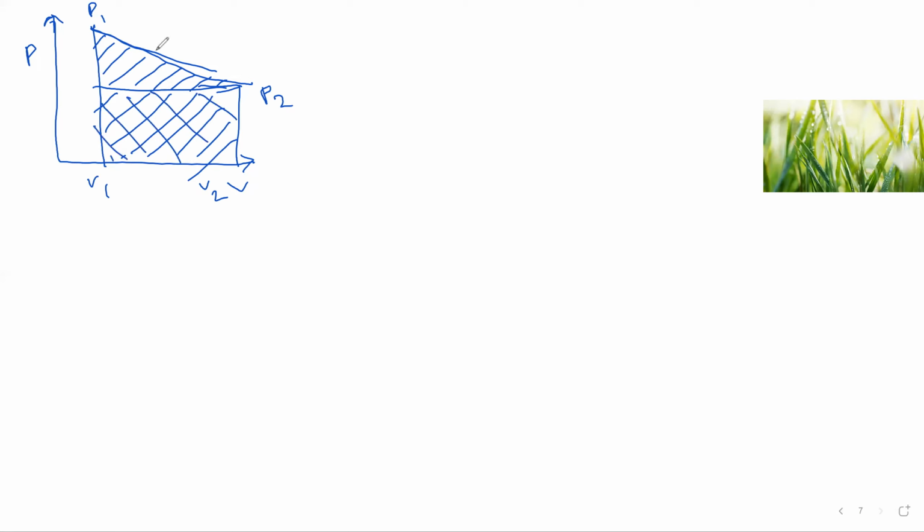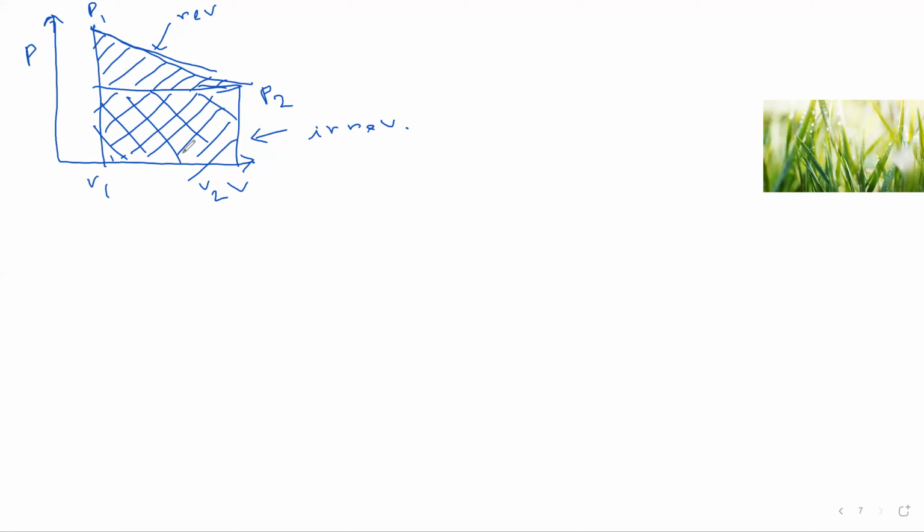Okay, so this is the reversible process and this is the irreversible process. So we can draw a PV diagram for the work done in the reversible and irreversible process.